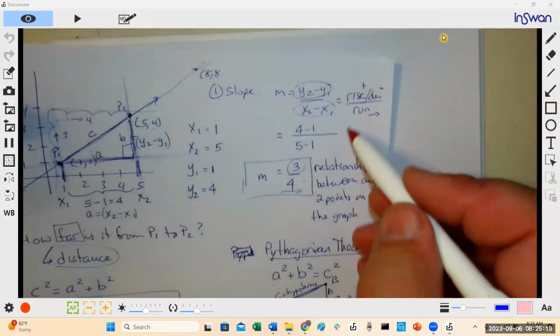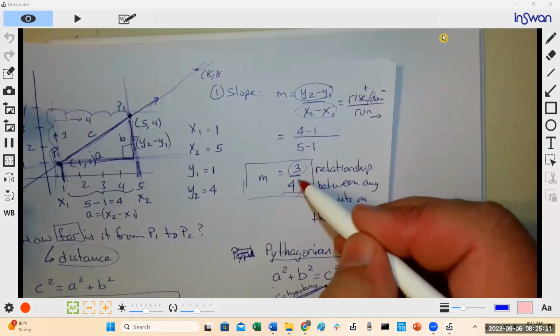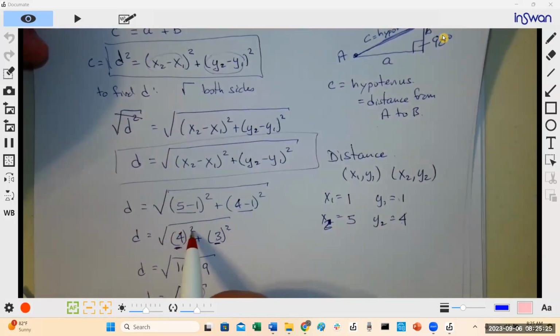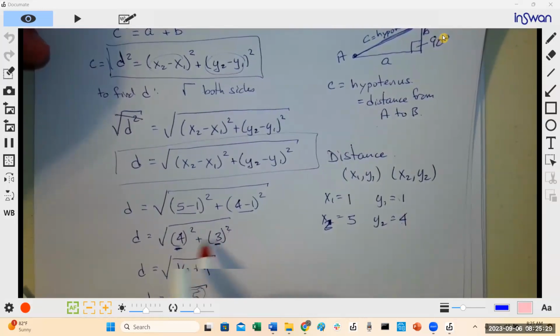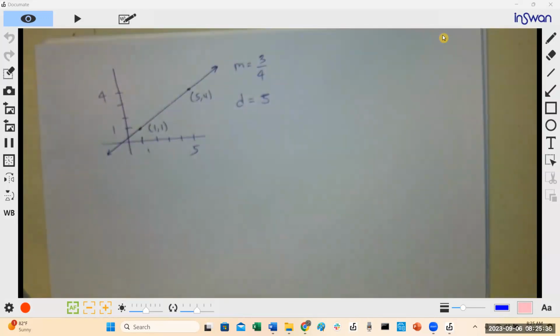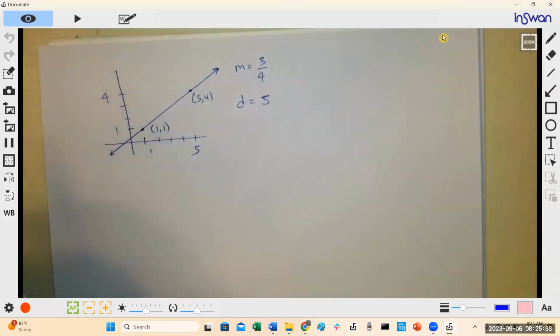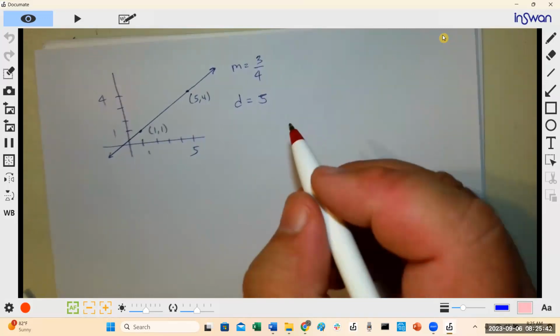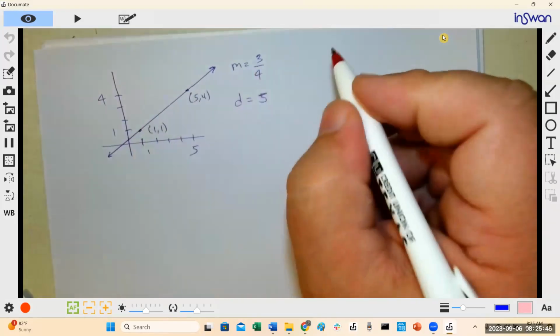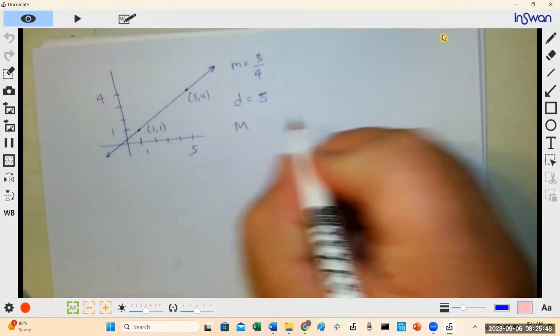So once you find the slope, you can skip all this stuff and just square the bottom number, square the top number, add them together, and square root them. That's a shortcut, a fast way of finding the distance. So we found the distance between these two is 5 units. The slope is 3/4.